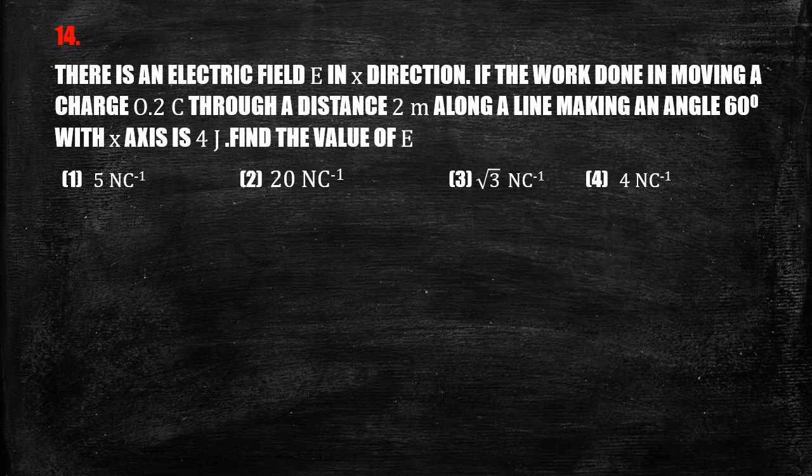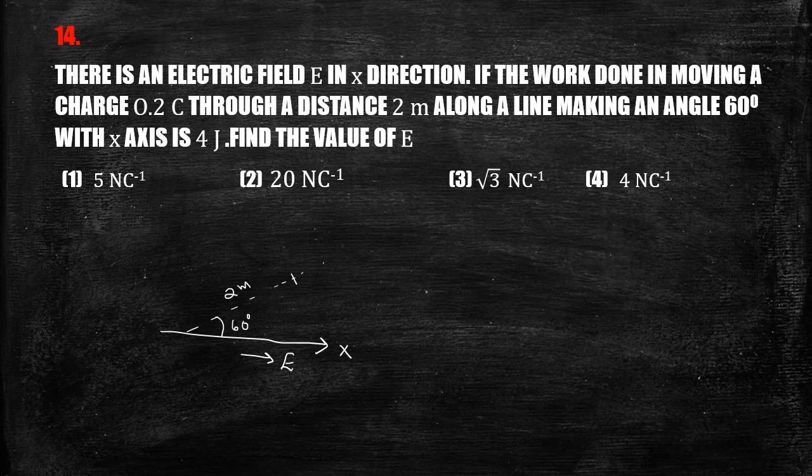So this is the x-axis, and the electric field is along the x-axis, E, and the charge 0.2 Coulomb is made to move through a line which is making an angle 60 degree with the x-axis, or the direction of the electric field. This 0.2 Coulomb charge moves through a distance of 2 meter.